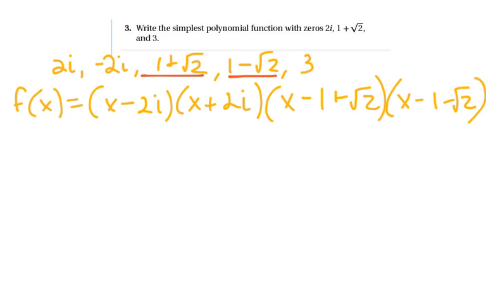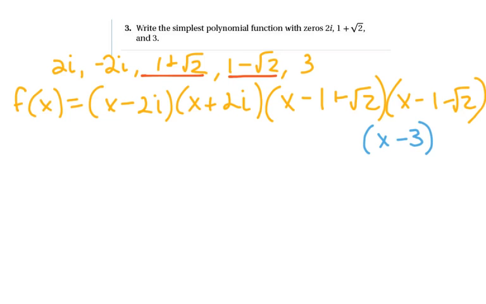You might ask, why didn't I put these in parentheses? I could have, but I'd end up with the same thing. I'd still end up with x minus 1 plus root 2 and x minus 1 minus root 2. And I've got one more, which I'm going to squeeze down here, x minus 3.